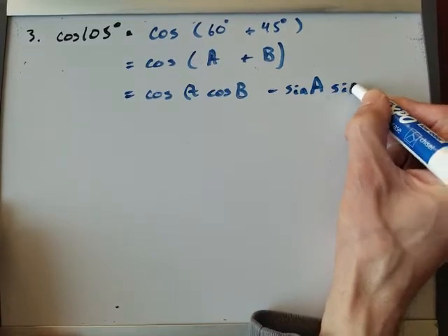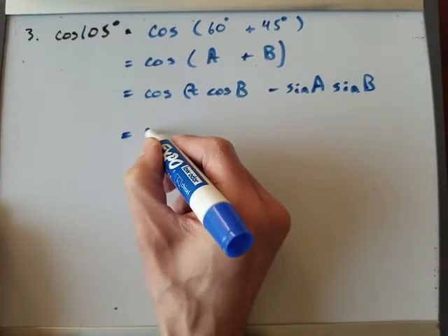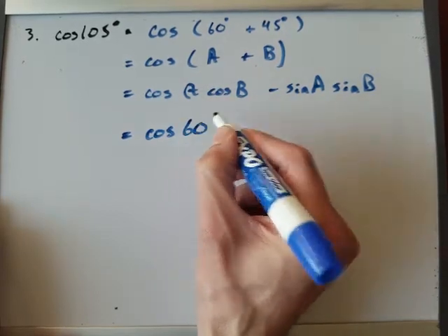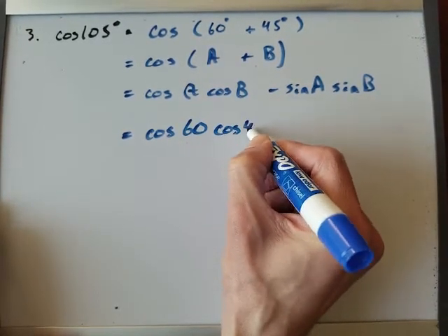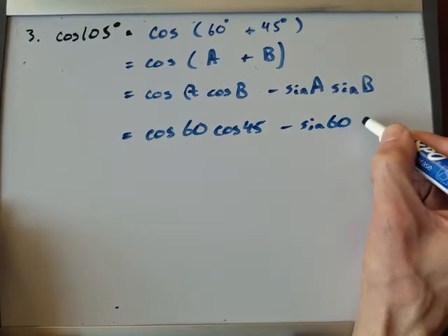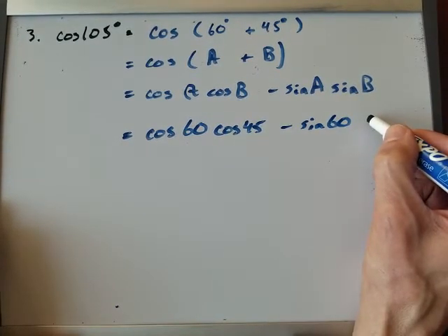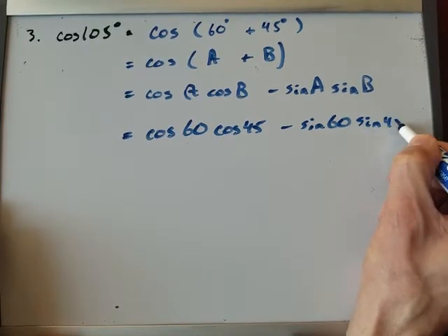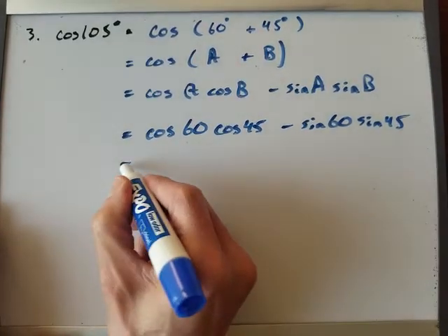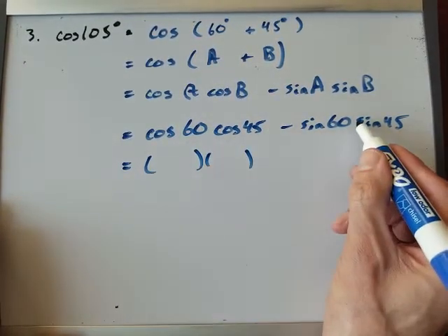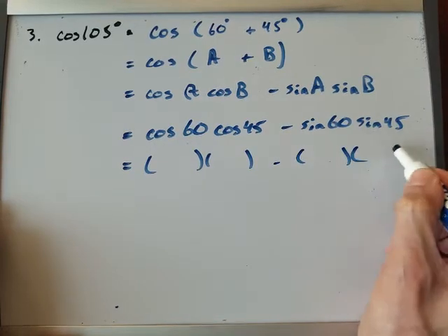Sine of A, sine of B. And we drop in our values. The value of A is 60. The value of B is 45. Then again, you drop them in. We have a 60, and then we have a 45. And here is what essentially happens. We just need to figure out each of these four values, multiply, subtract, and we will have our exact value.